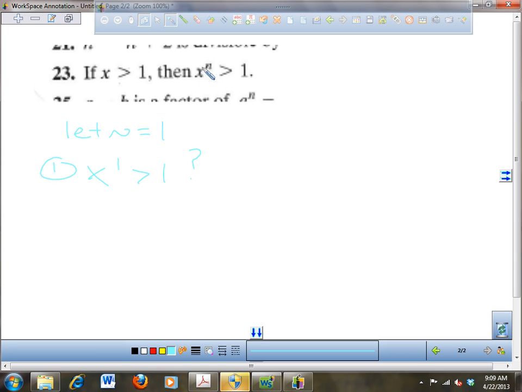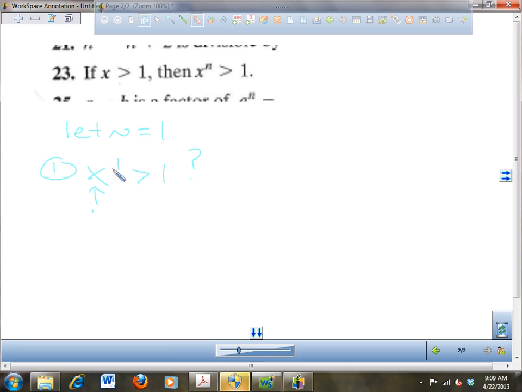It doesn't say that n has to be greater than 0. Sorry. If x is bigger than 1, then x to the n is bigger than 1. So is x to the 1 bigger than 1? Yes, if this number is bigger than 1, say like 1.1 or 1.5 or something like that.